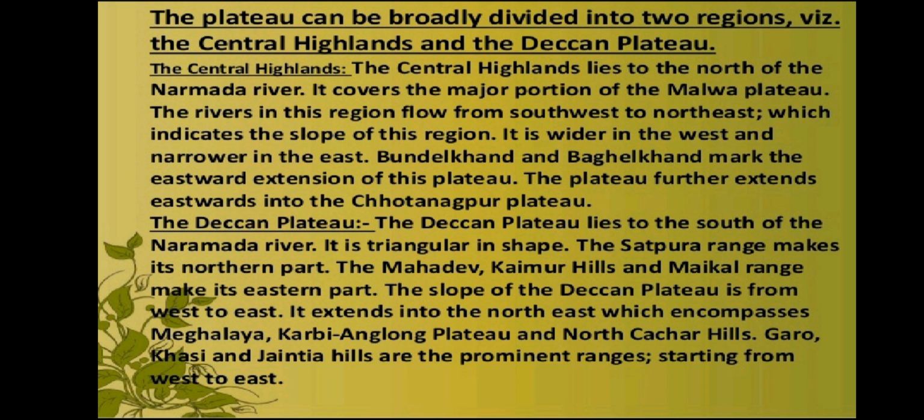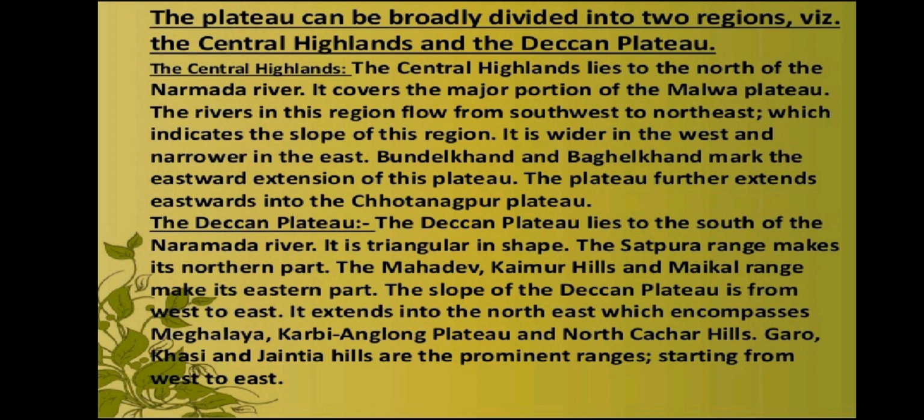Now let us talk about Deccan Plateau. The Deccan Plateau lies to the south of the Narmada River. Highland was north of the Narmada River, Deccan Plateau south of the Narmada River. It is triangular in shape. The Satpura range makes its northern part, and the Mahadev, Kaimur Hills and Maikal range make its eastern part.